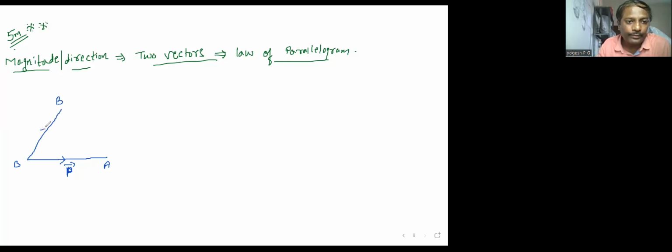OB is the Q vector. Let us say the angle between these two vectors is theta. Theta is the angle between the two vectors. Now I draw a line parallel to OA and another parallel to OB, and call this point C.